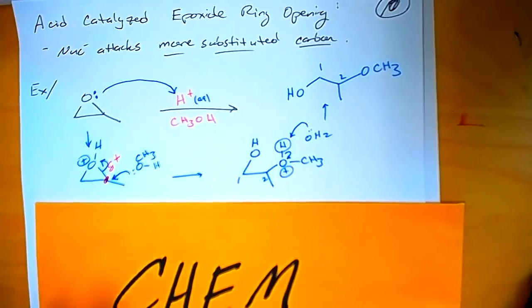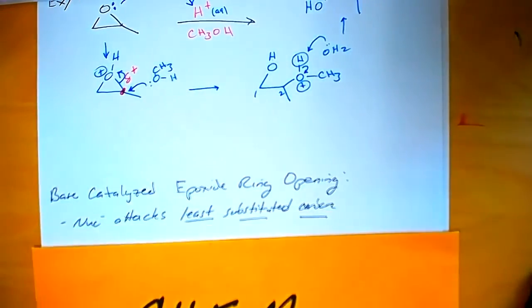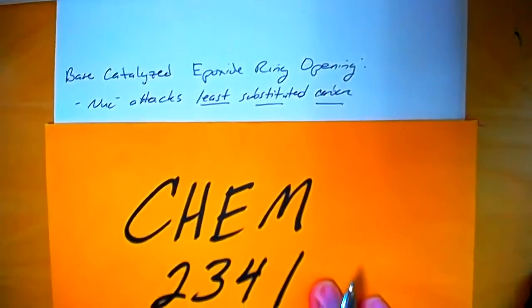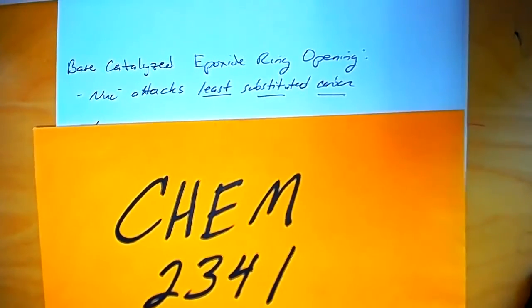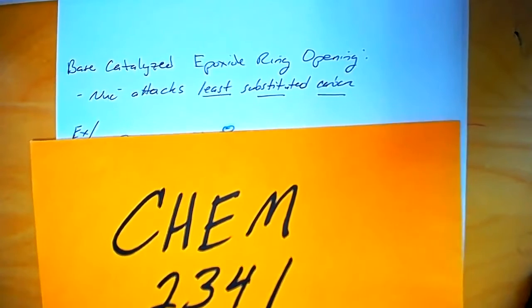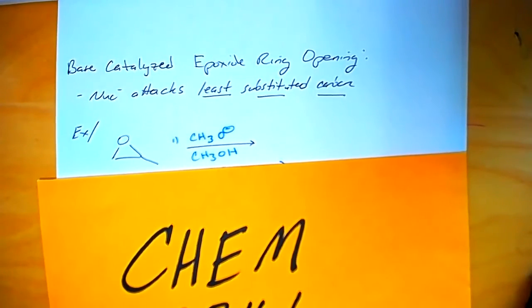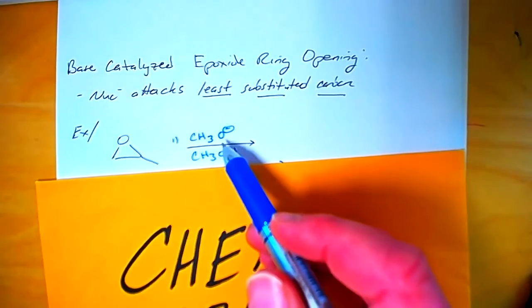Now, if you took the same reagent, but you treated this in basic conditions, meaning you don't have acidic hydrogens in there. And again, what I mean by basic conditions is that you have basically your alkoxide present without any acid. So you're not using an alcohol, you're using an alkoxide to open this up.